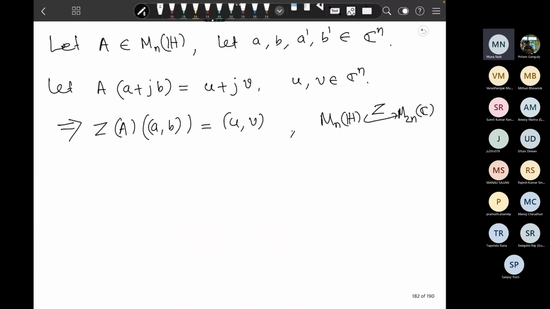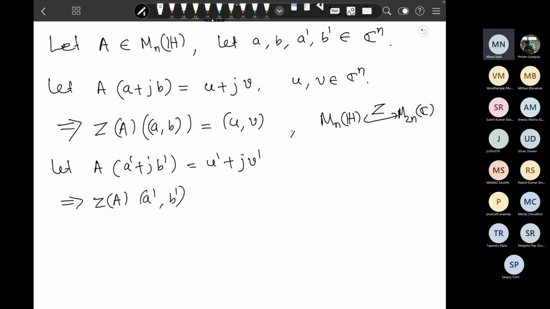Similarly, let A + JB' be equal to U' + JB'. This implies Z_A of (A', B') is equal to (U', B').